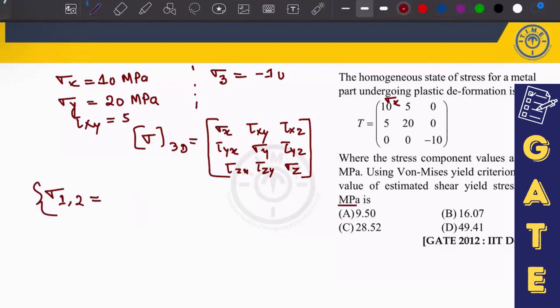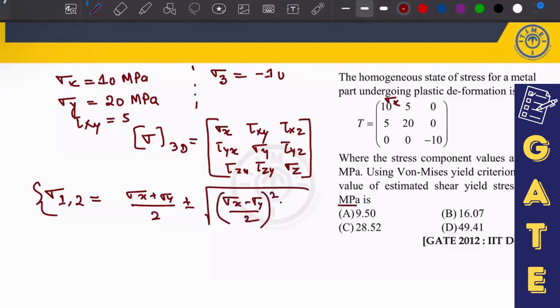what will be this value of principal stress? You already know the formula for sigma 1 and sigma 2: sigma x plus sigma y by 2, plus or minus the square root of (sigma x minus sigma y by 2) whole square plus tau xy square.